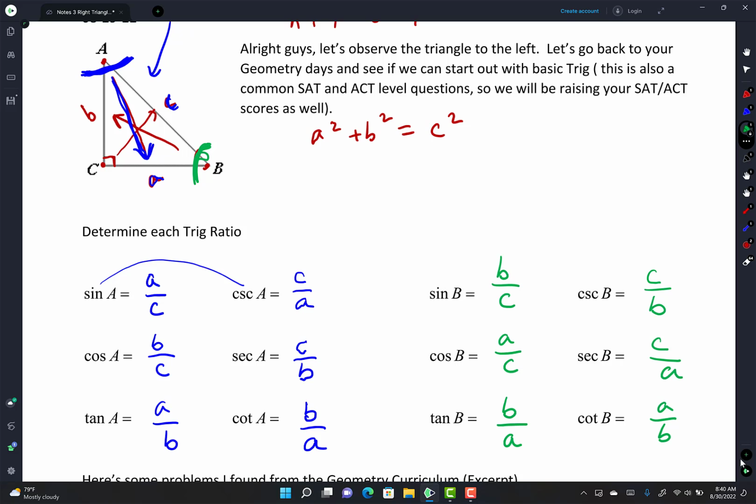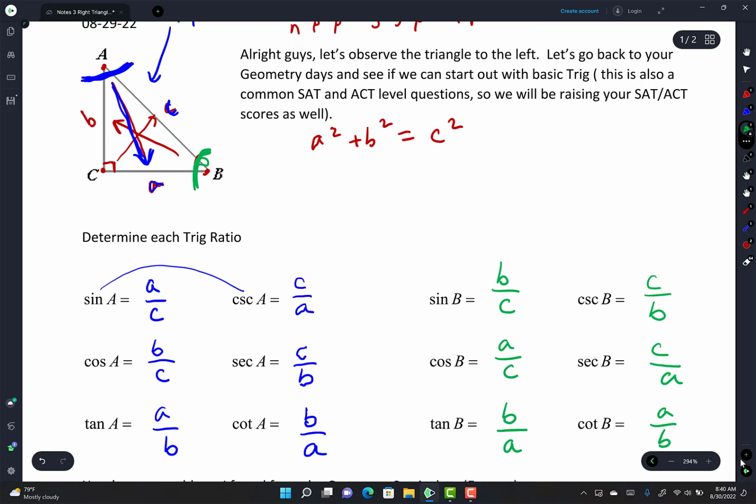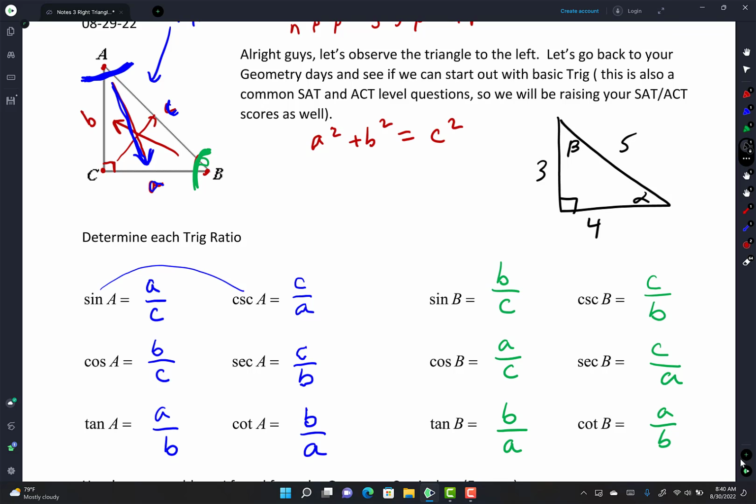Okay, perfect. And then just real quick, I'm going to put a really fast example. If I have a right triangle right here, let's do the most basic one that we can think of, 3, 4, 5. And I write alpha there and beta here. That's not a gamma, that's a beta. Alpha and beta. So if I were to tell you what is cosine of alpha, with respect to alpha, what is adjacent?